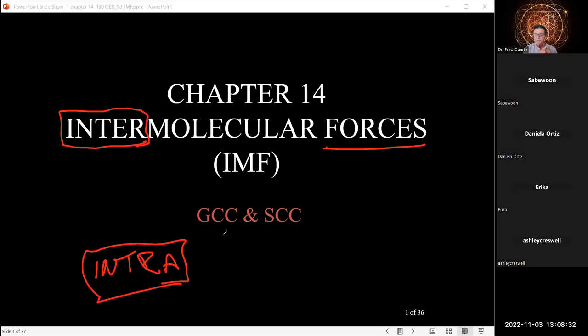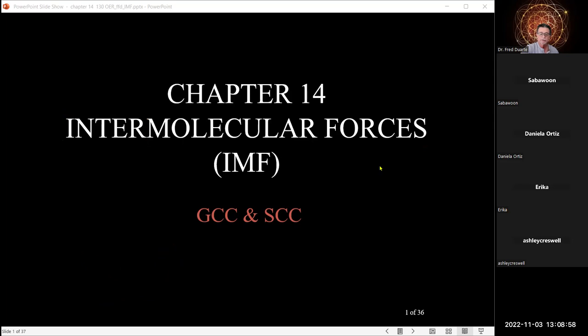However, when we compare compounds A and B, depending on the polarity of the molecule, we can determine which will have a higher boiling point based on the intermolecular force that we assign to it. So that is inter versus intramolecular forces.